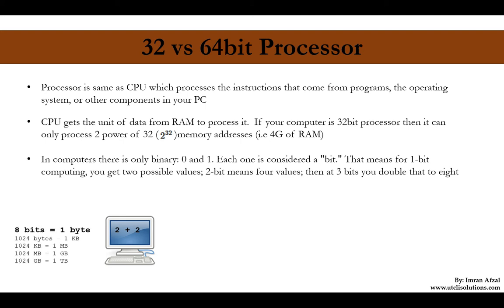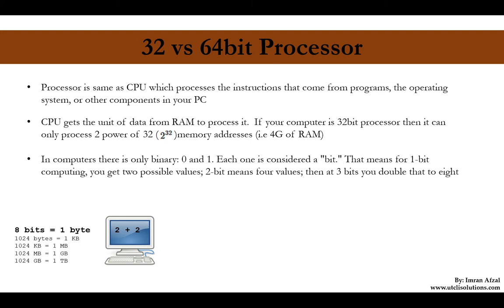Now, there's one thing we do need to understand, that there are 8 bits in 1 byte, and 1024 bytes in 1 kilobyte. 1024 kilobytes equal to 1 meg, 1024 meg equal to 1 gig, and so on. Now, going back, 8 bits to 1 byte.